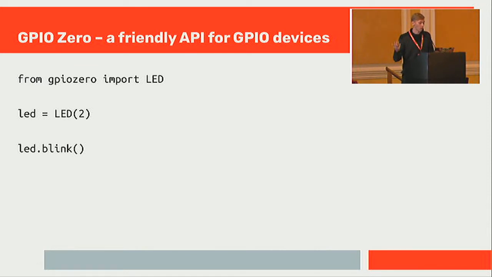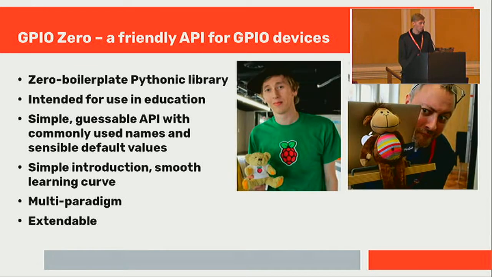It has guessable names and sensible common default values for functions. And it introduces a smooth learning curve with a really simple way to get started. Zero boilerplate, so the idea is that you have to write as little code as possible to do basic things, but it doesn't end there.